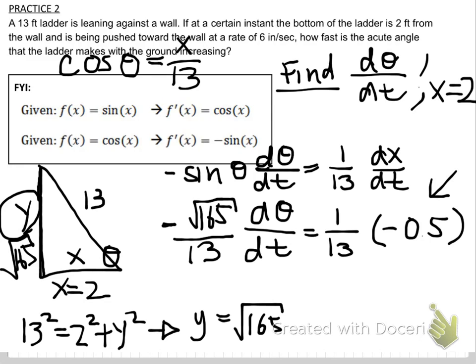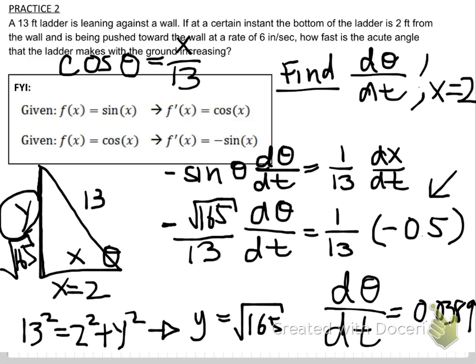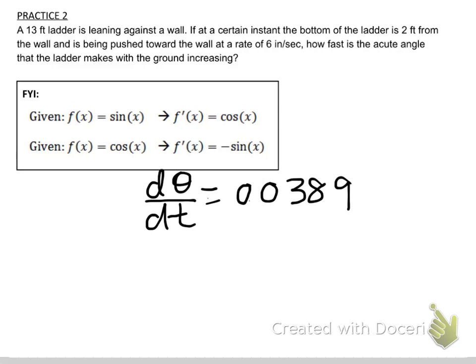Once you plug this into the calculator, the final answer that you should get is that d theta over dt equals 0.0389.